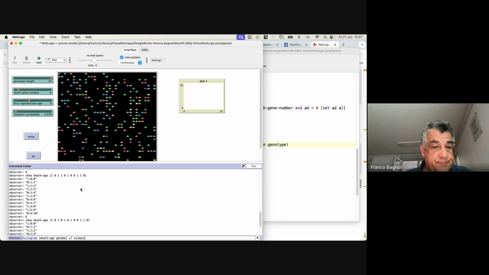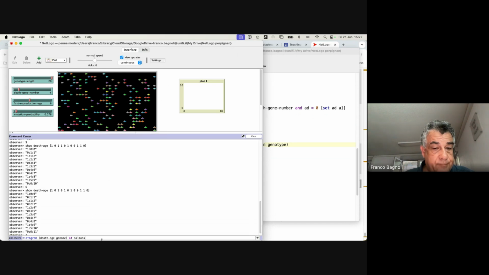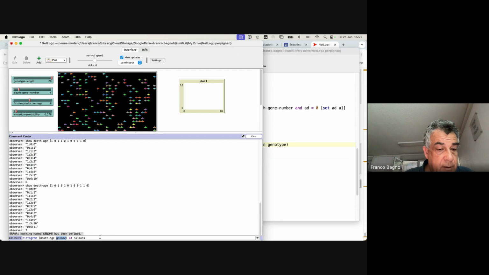Set up as a genotype. This should more or less be right, no? So we can just copy this here.